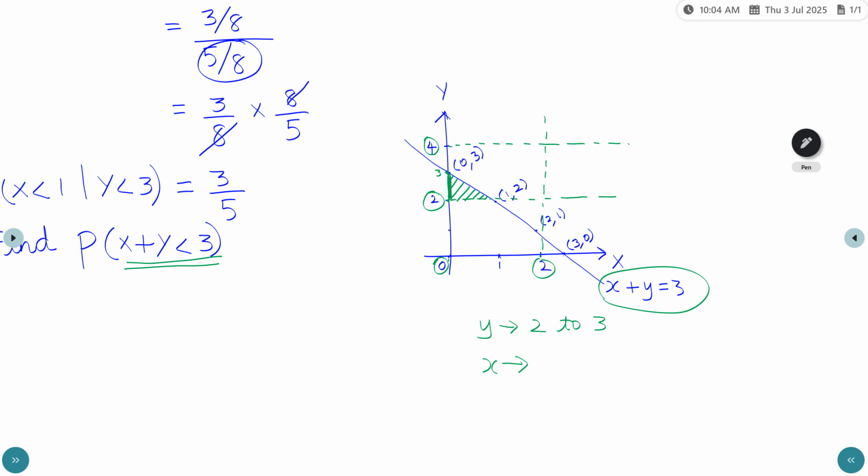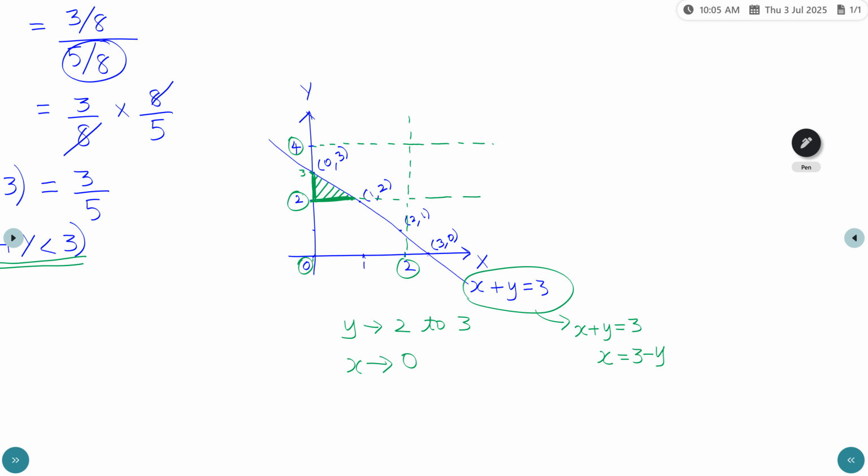x value starts at 0. But what is the end point? We can find this end point using this formula. So x plus y equal to 3 means, what is x value? X value is 3 minus y. So x integral 0 to 3 minus y.